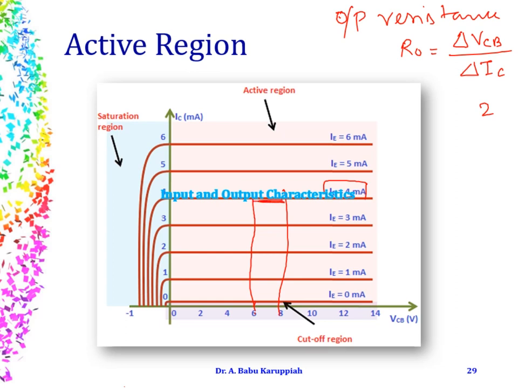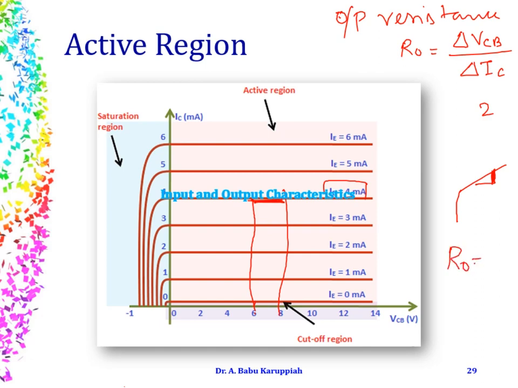In case you have a graph like this, you can find a change in your collector current. As the collector current is constant here, you cannot get a change in your collector current, and so it becomes 0, right?